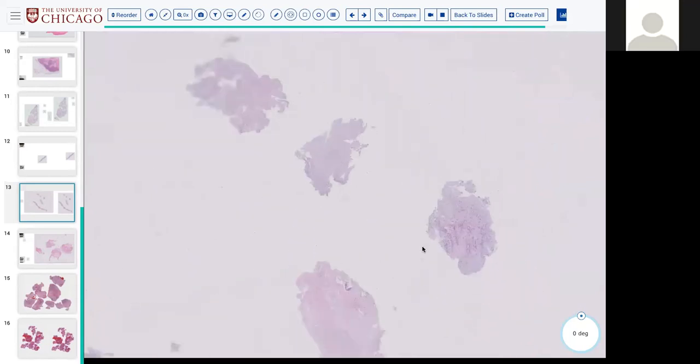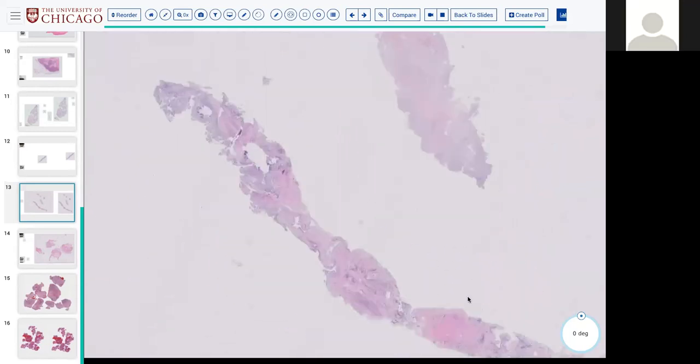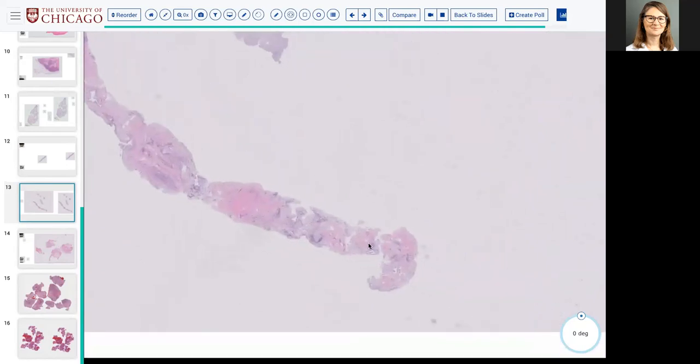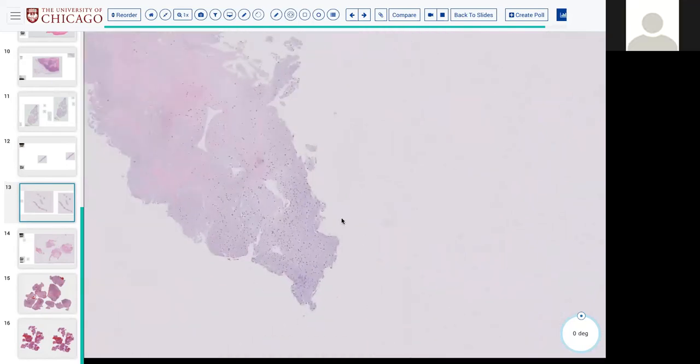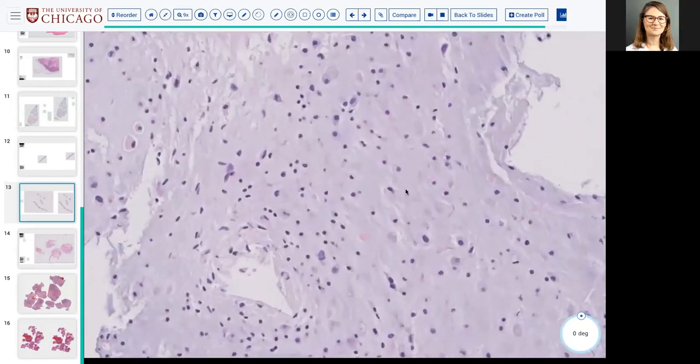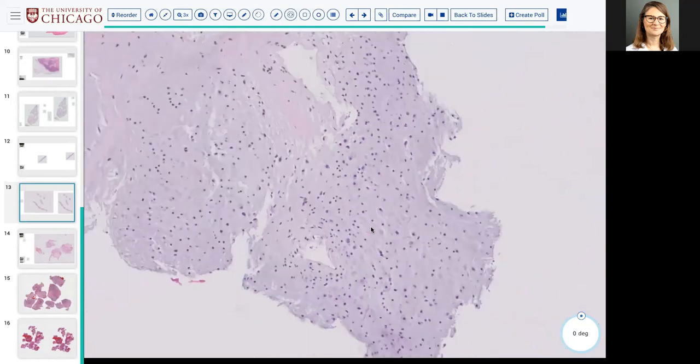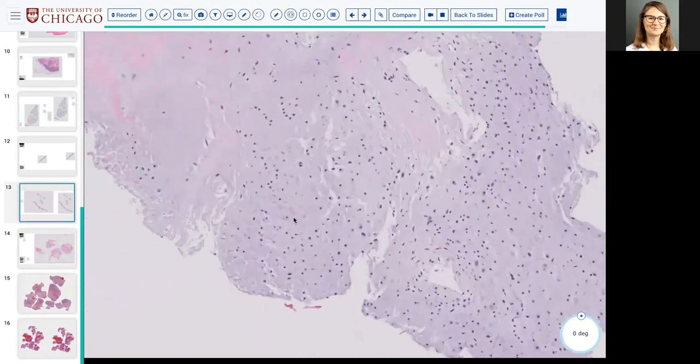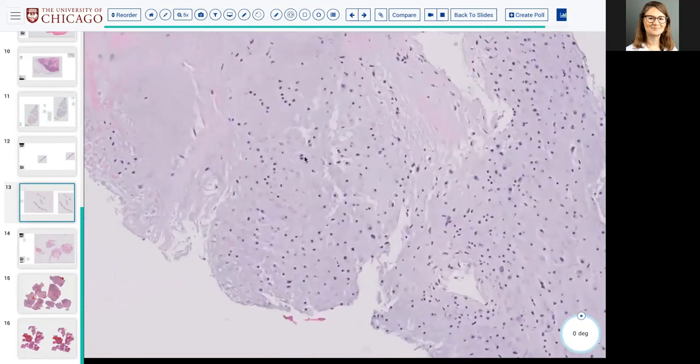I think IDH1 mutation. Yep. So the only thing that will tell you that this might be of cartilaginous differentiation is going to be SOX9, and the only mutation that is going to tell you that it is a cartilaginous neoplasm is IDH1.